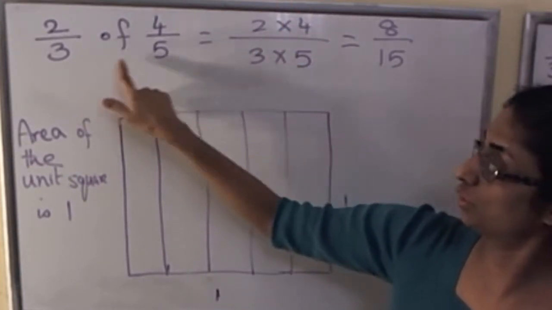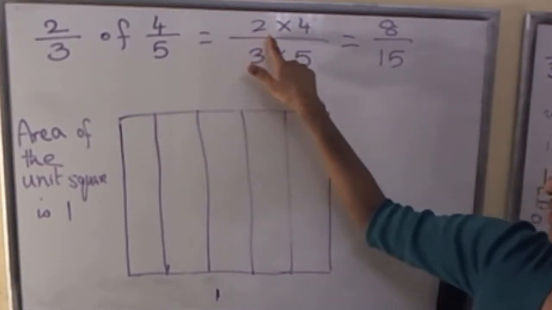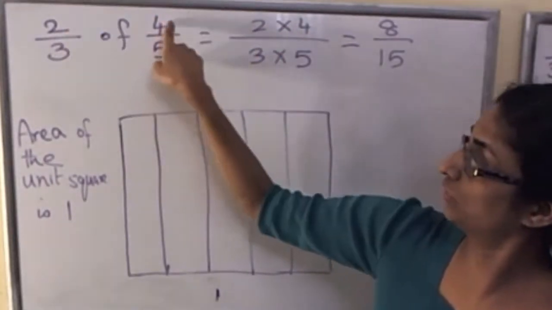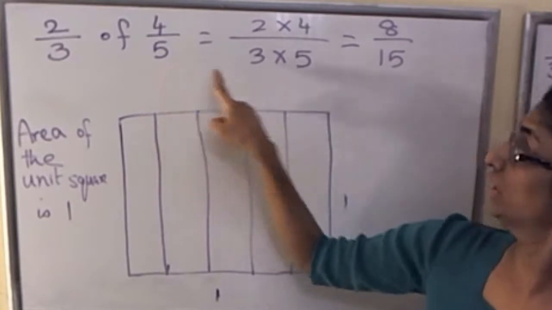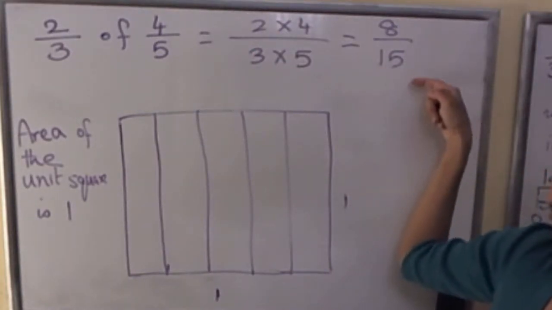We said 2/3 of 4/5 is in fact a fraction whose numerator is the product of these two numbers, the denominator is the product of these two numbers, and which is the same as 8 over 15.